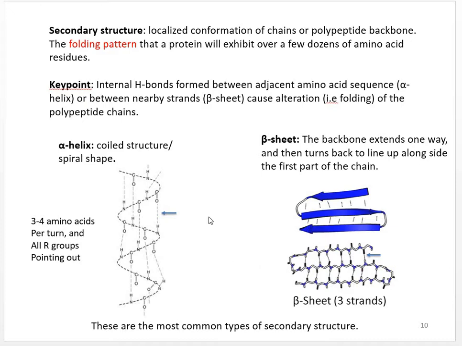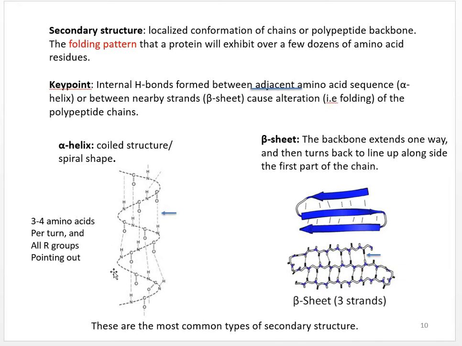It is this internal hydrogen bond that forms between adjacent amino acids, say this amino acid and that amino acid, considered adjacent in one particular sequence. Because of that, you cause the alteration or the folding of the whole polypeptide chain. Remember, there was no folding before. It was just one line.